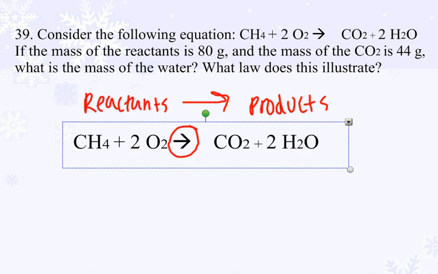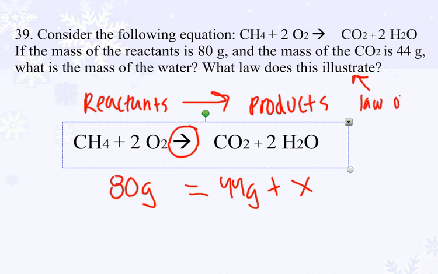It's telling me the mass of the reactant is 80 grams, and the mass of the carbon dioxide is 44 grams, and wants to know what is the mass of water. So if I set this up like a simple algebra problem, where the equal sign is replacing the arrow, I can solve this very easily. I don't know what the mass of water is, so it becomes x, or the unknown. This is going to follow a law that we call the conservation of mass.